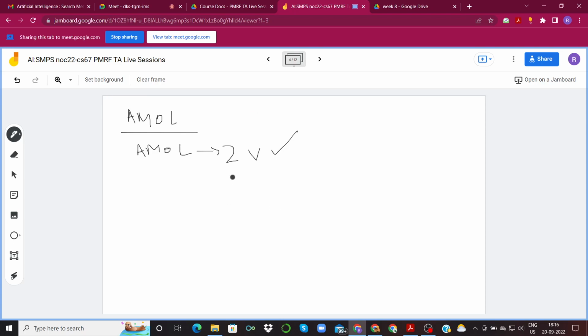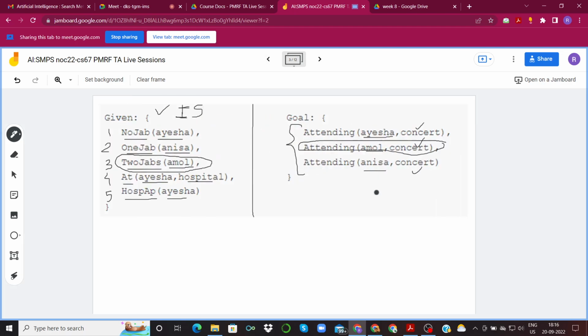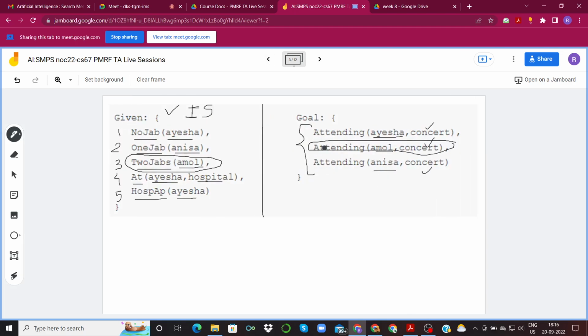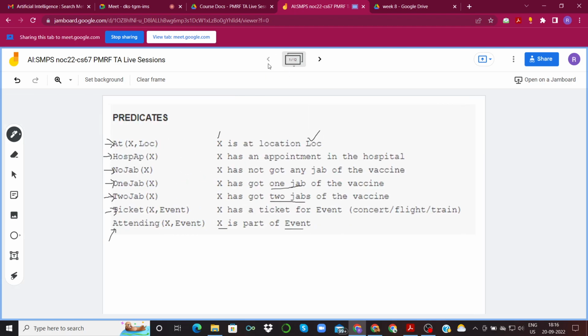So I was basically saying that we know that Amol has 2 vaccines and that is given to us. Now for fulfilling this goal of Amol attending the concert, let's look at what the precondition was.